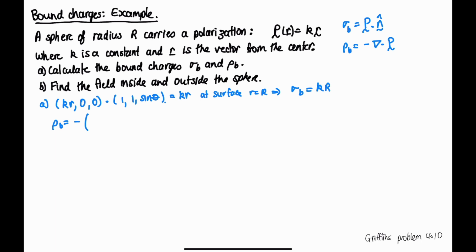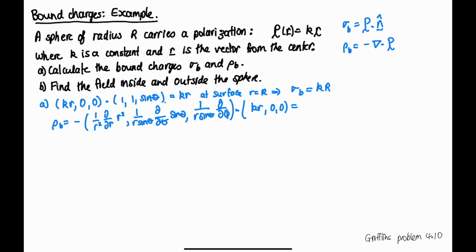So this would be 1 over r squared d dr of r squared, and then if we had theta and phi components, which we don't, but just in case you ever get one, let's write this out. And then 1 over r sine theta d dphi, and we take the dot product of that with kr, 0, 0. And so you can see we're only really going to have to worry about this term here.